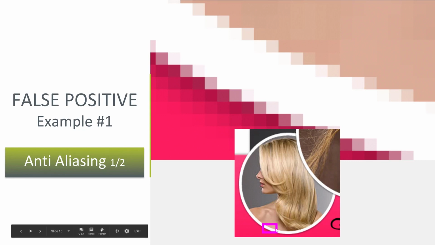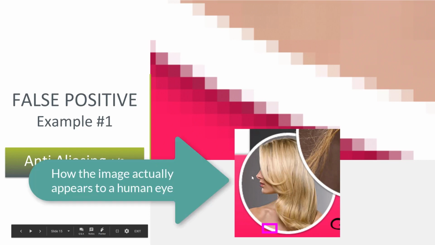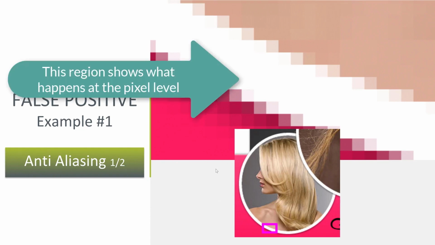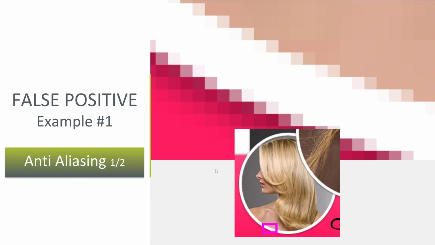So this is what a human eye sees, right? This is how it actually looks on the web application, and this is what's happening on a pixel to pixel comparison. So if the strict mode was turned on, or pixel to pixel comparison with other tools besides Applitools was used, this is what you would see. Take a look. You can obviously see that there are some pixel changes. But if you look at the image below, the actual real image, there is nothing perceptible to the human eye, right?